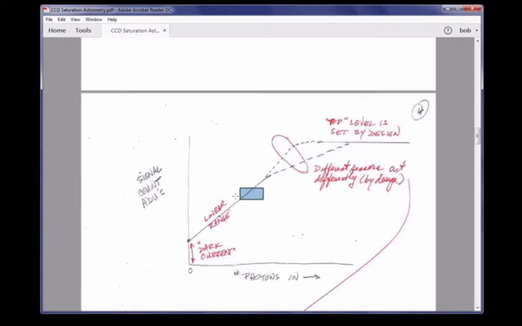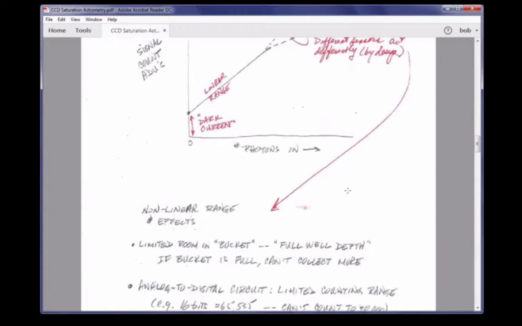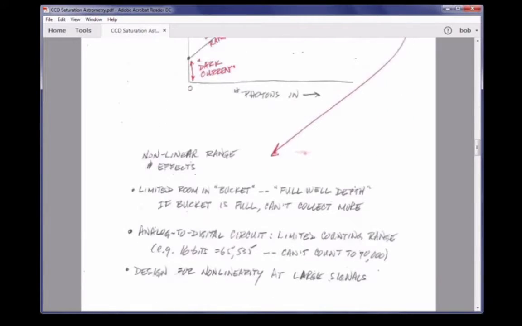Why do different sensors act a little bit differently on this curve, and what are the effects that set this point at which the signal won't rise no matter how high the photon flux is? There are a few fundamental effects that describe most of what's going on. The first is that little bucket is about the size of a pixel, so it's a few microns on a side and a few microns thick.